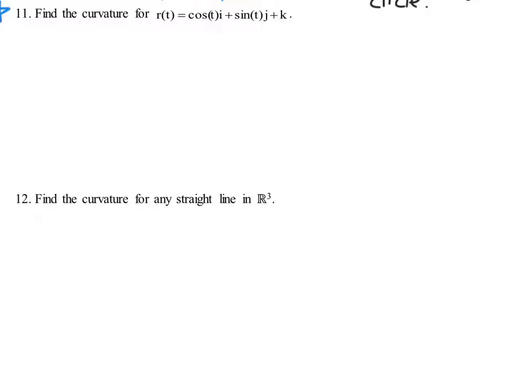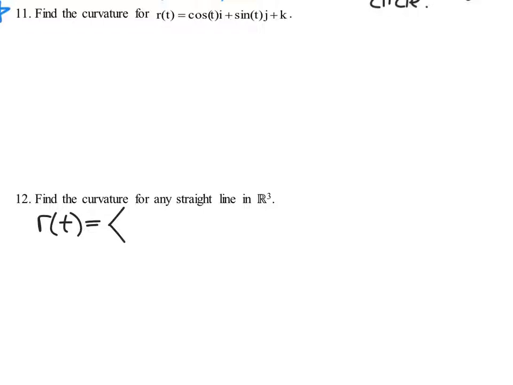So we want any straight line in R3. So I need 3 components, any of which could be a linear function. When we're dealing with a vector value function that is a line, any or all components of that vector value function could follow the model y equals mx plus b.